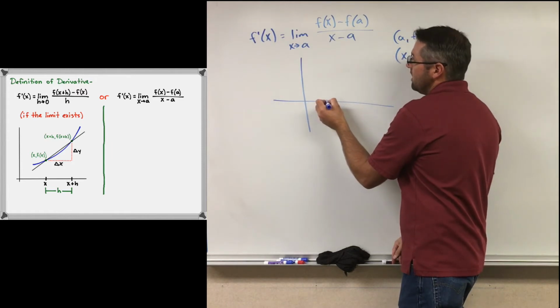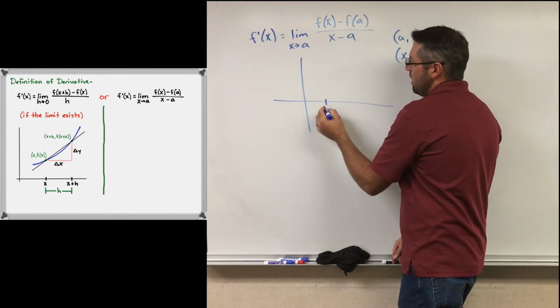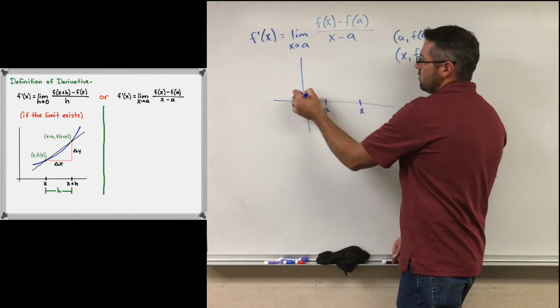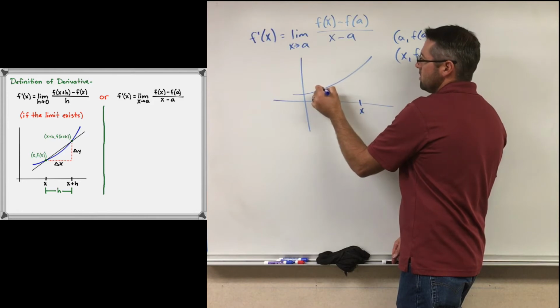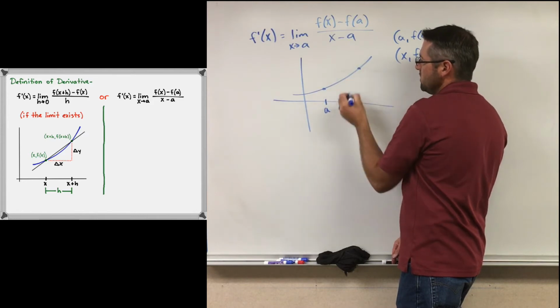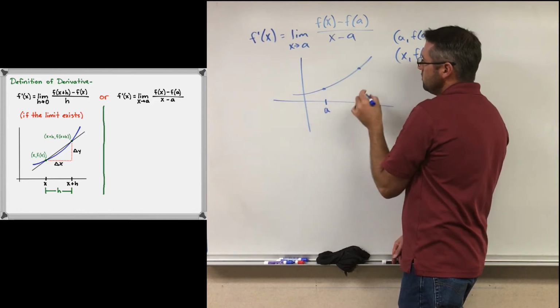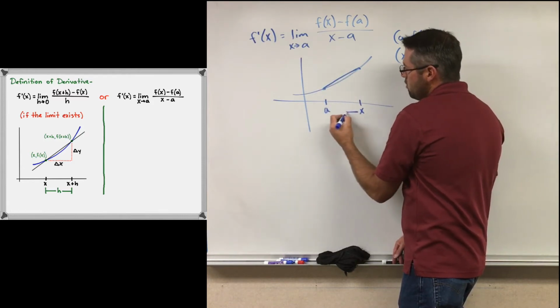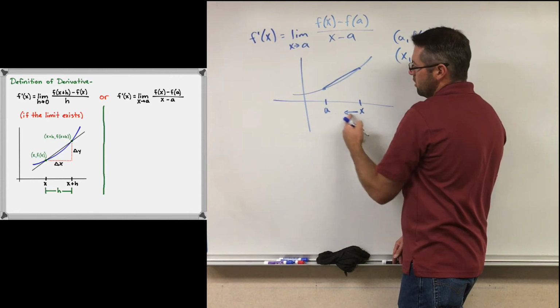So an example of this would be something like this. We would say that this is coordinate a and this is x. And let's say the curve maybe looks something like this. Okay, there's our 2 points. What we're doing is finding the slope of that secant line, but we are moving x closer and closer to a.